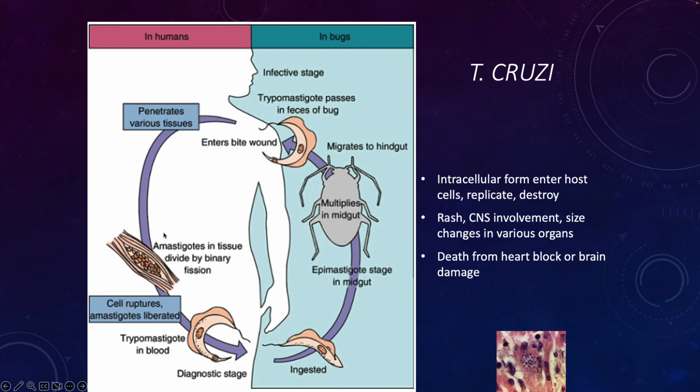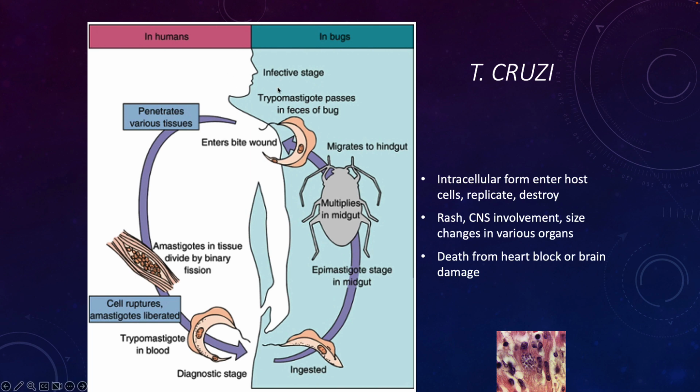So the transmission of kissing bug infections is a little bit different. The way Trypanosoma cruzi is transmitted, very commonly, they're called kissing bugs because they bite on the face, often near the mouth, in the middle of the night. When they bite, they also defecate.